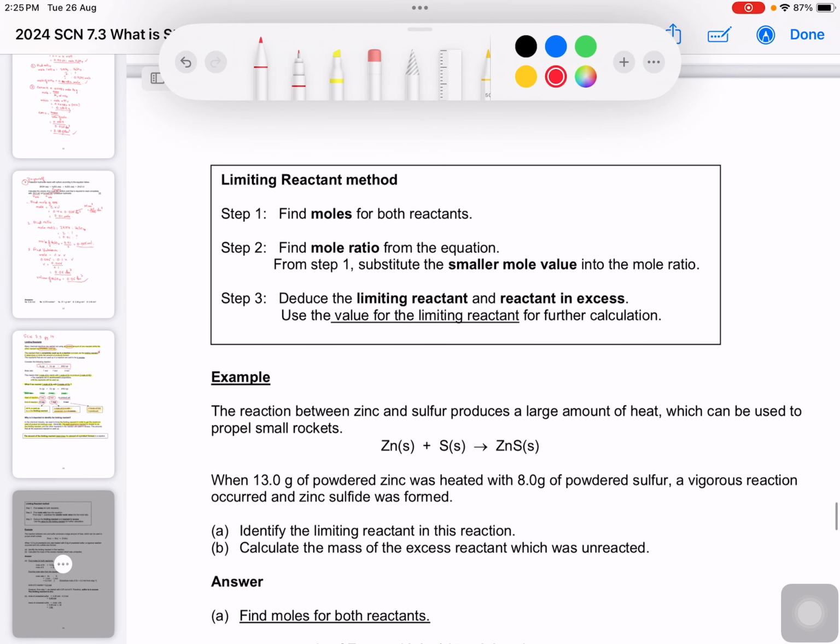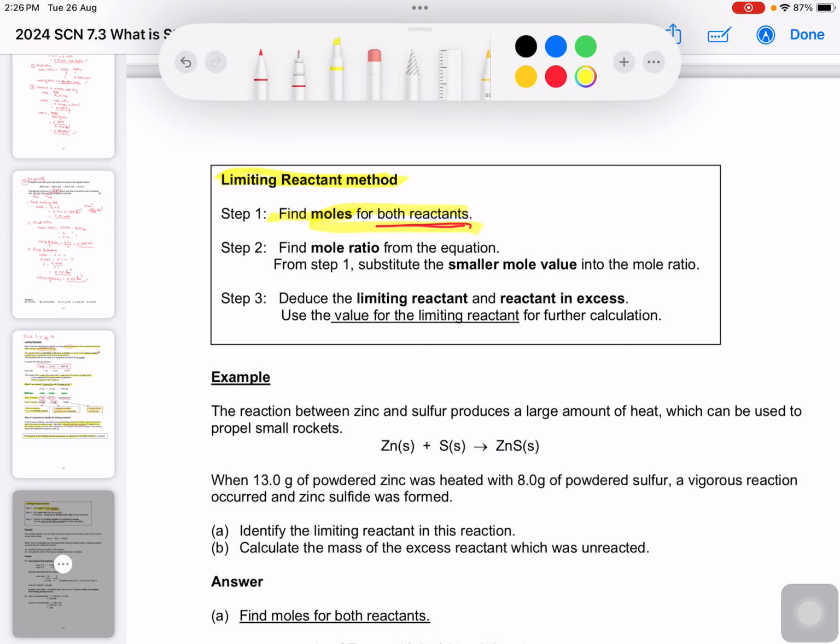So, what is the limiting reactant method? It's similar to MRU, alright? Similar because you are still finding mole, but this time you are finding mole for both reactants. After that, you still find mole ratio. Okay, that's the same.